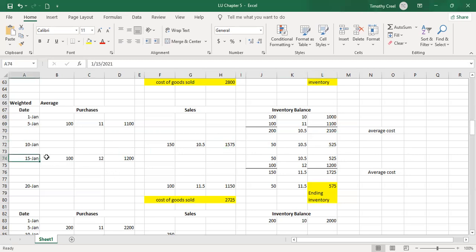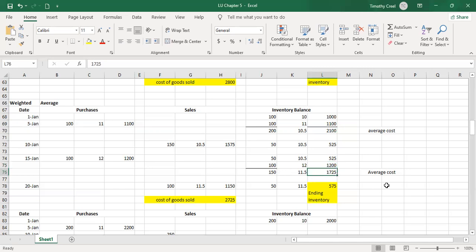We make another purchase on the 15th, 100 units at 12 for $1,200. Notice you've got your initial inventory based on your initial average cost, and then you've got new inventory coming in, the 100 at 12. Again, every time you get in new inventory, you have to refigure your average cost.